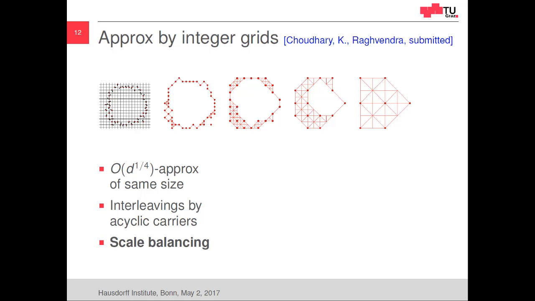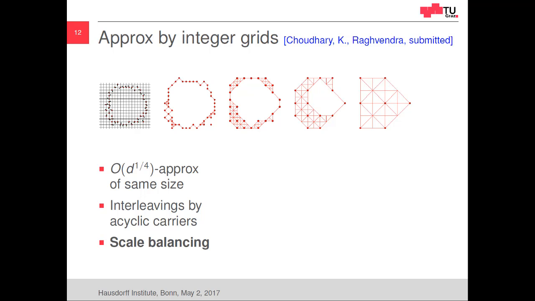And what we do instead here is we define acyclic carriers from one complex to the other and vice versa. And then we use the acyclic carrier theorem, which tells us when you have an acyclic carrier, there is always a chain map connecting the two chain complexes. And then we can actually prove the interleaving without ever explicitly constructing the interleaving maps. We just exploit the existence of them.